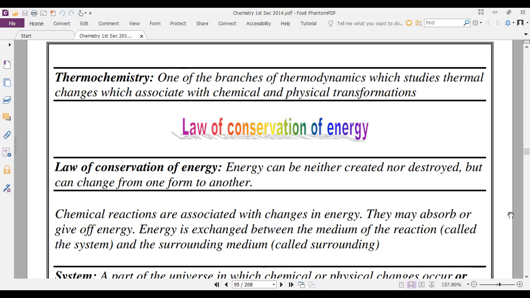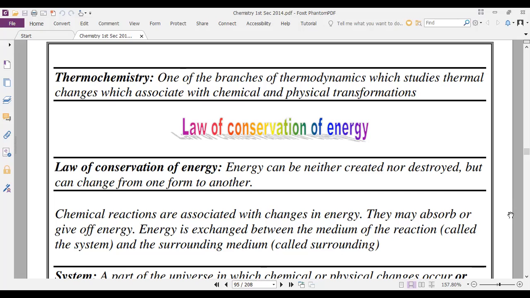Energy can be neither created nor destroyed, but can change from one form to another. Right. Law of conservation of energy.